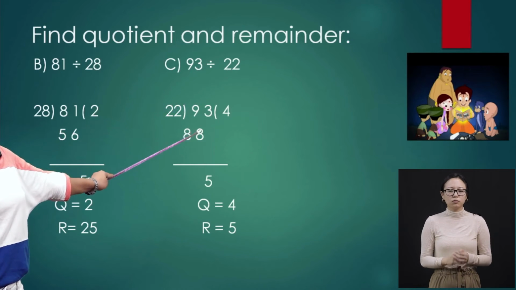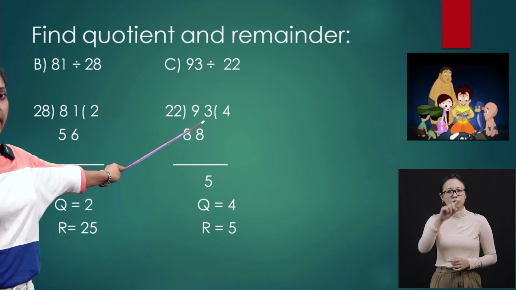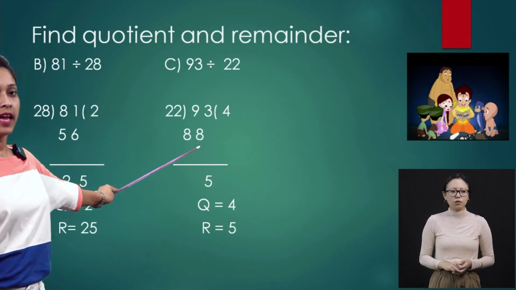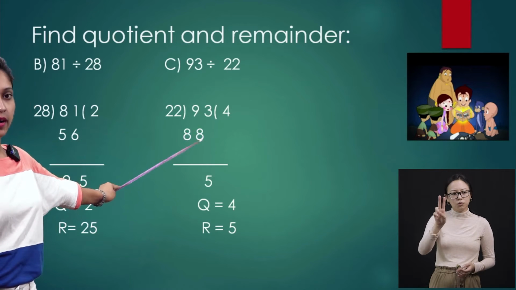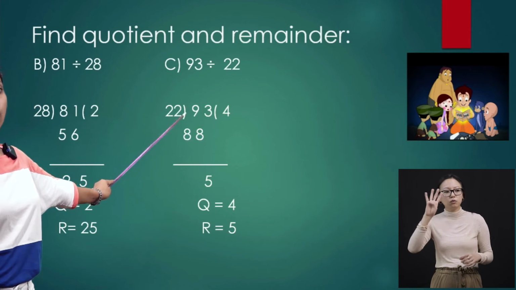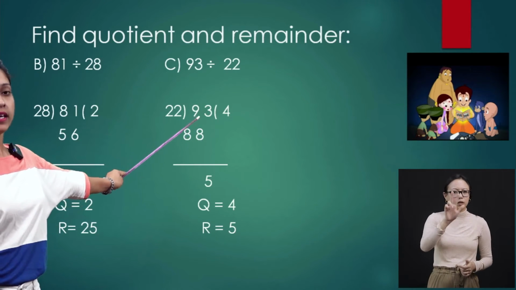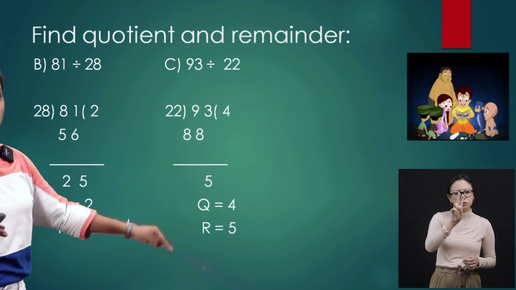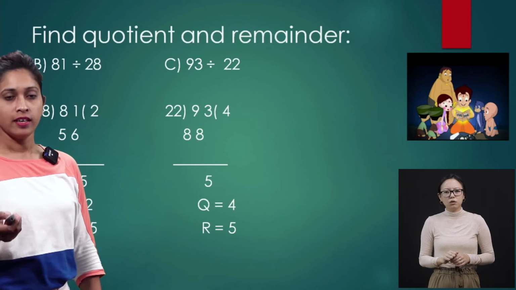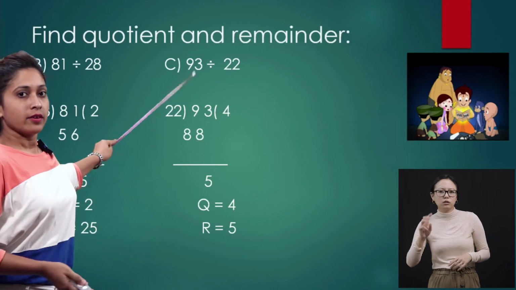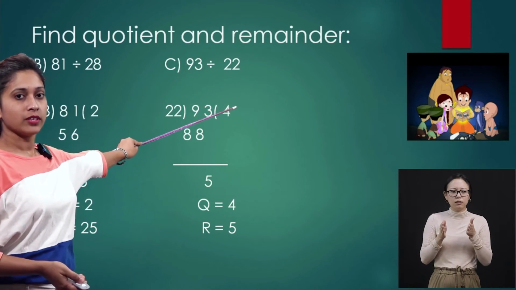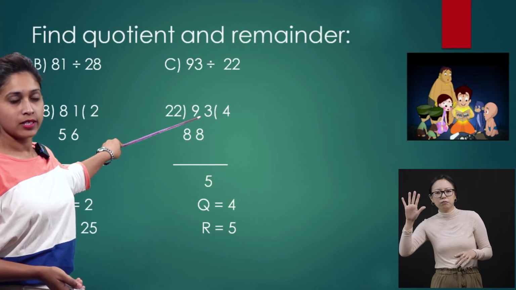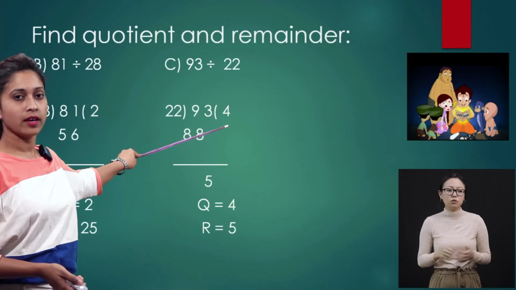The same. Okay, so when you divide 93 by 22, you need to put 4 times and it will be 88. Alright, when you put it 2 times or 3 times, it will be very less than 93. So a little bit closer number, you need to put on the right hand side here. Alright, so 88 is a little bit closer to 93, and that is why we are putting here 4 times.